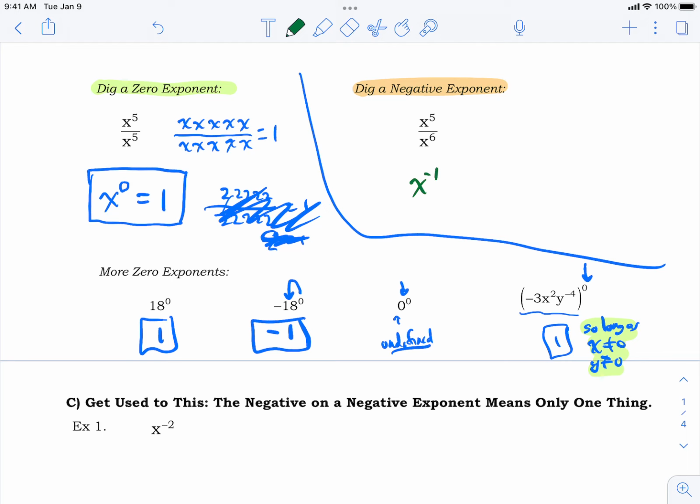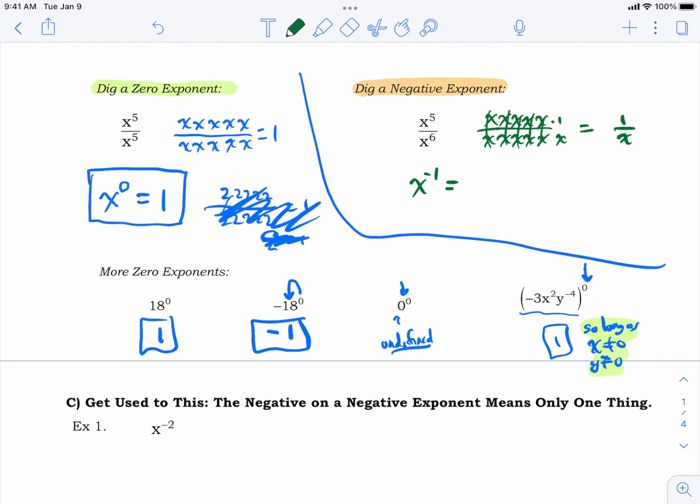But let's look at it again with this cancel idea. So x to the 5 means make 5 copies of x, all multiplied. X to the 6th means make 6 copies of x, all multiplied. And we get a ton of canceling, of course. And we end up with a 1. Remember, you always leave a 1 behind. A 1 over x.